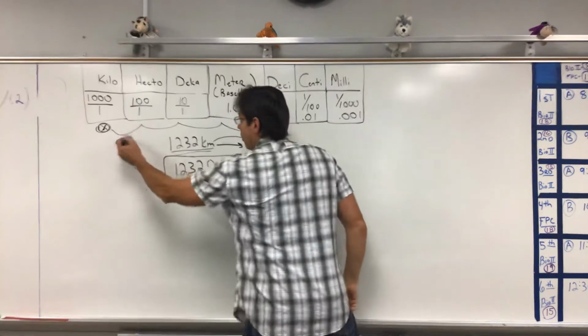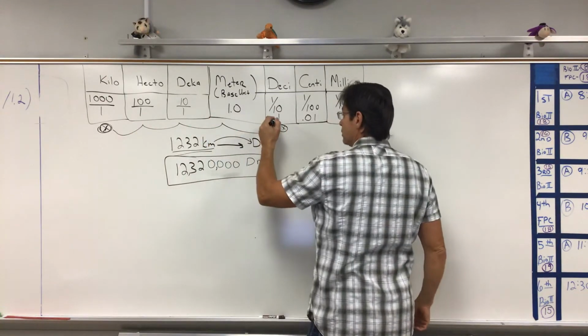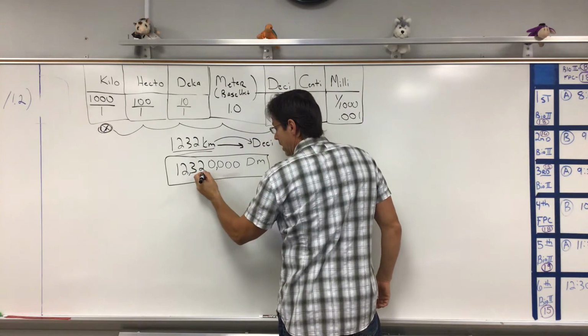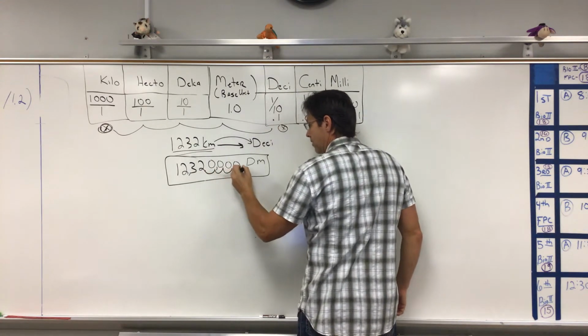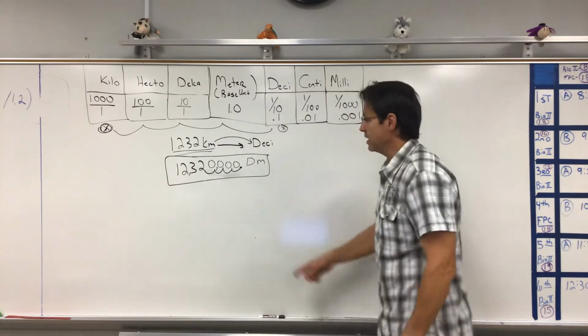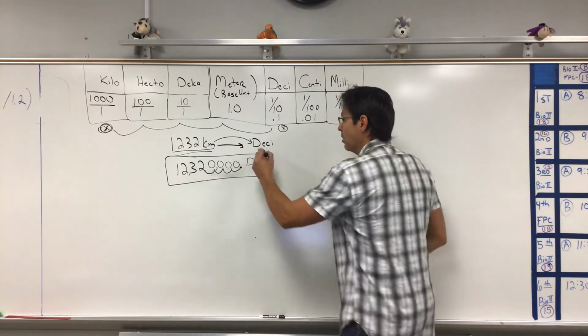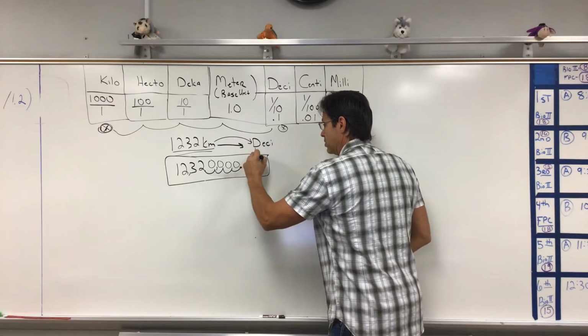So once again, 1, 2, 3, 4, okay? So that means I went 4 places, so I'm going to start right like I did here, and I went 1, 2, 3, 4. Fill in those zeros, and that's where I got 12,320,000 decimeters.